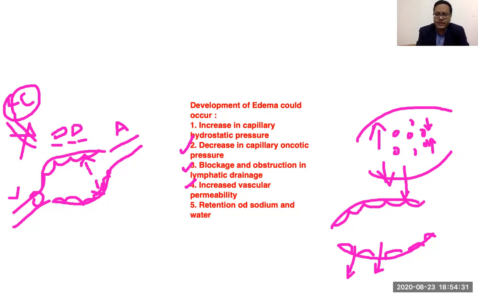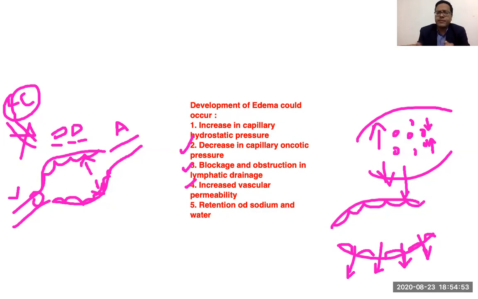But in this condition, what is happening? There is a space created between the endothelial cells which are lining the capillaries. So obviously through this, all things can come out, including the cells, the fluid and other things. This type of edema in acute inflammation is caused by increased vascular permeability.